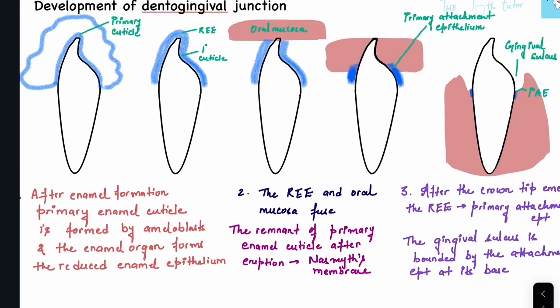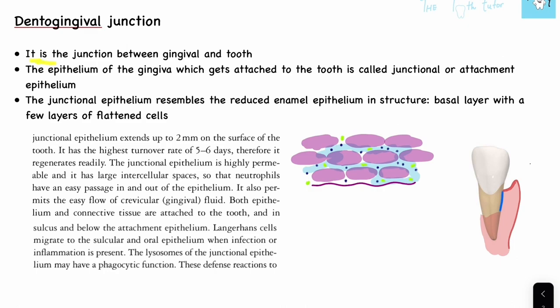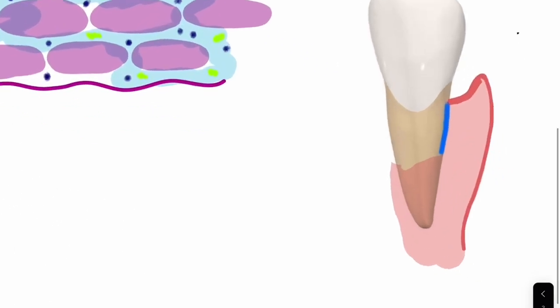The dentogingival junction is the junction between the gingiva and the tooth, the point where they meet. The epithelium of the gingiva which gets attached to the tooth is called junctional or attachment epithelium. This blue portion you see over here is the junctional epithelium.